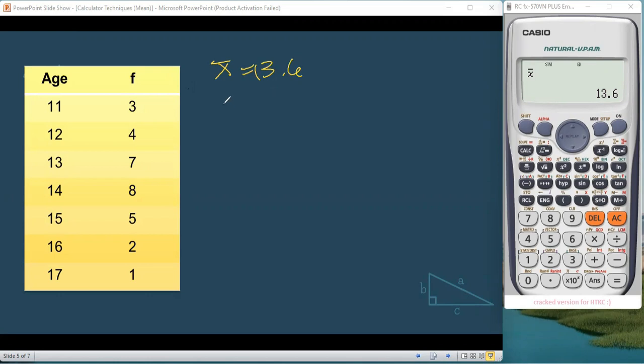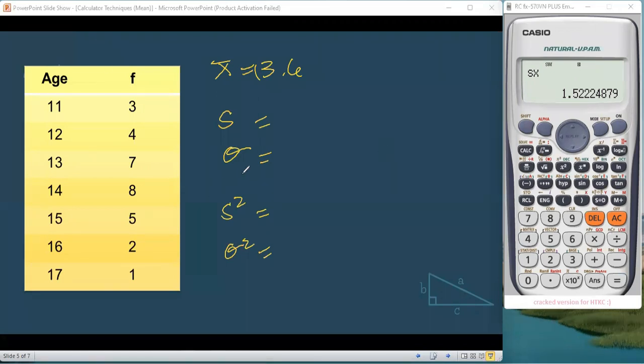How about our standard deviation? So sample standard deviation, population standard deviation, sample variance, and the population variance. So easy again, shift 1 for our sample standard deviation, we have 4 equal to 1.52.